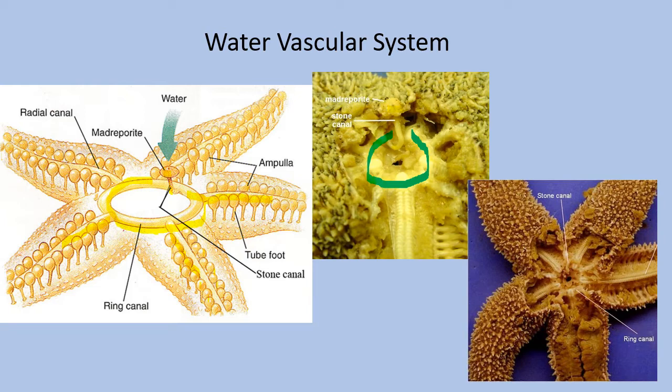So what you're actually seeing here on the surface is not actually the ring canal. You're seeing the protection of the ring canal. But if there was a pin there, on a test, or if it was pointing to that region, it would represent the ring canal, because that's where the ring canal would be in a sea star's body. You can also see here in this other picture, a little bit further back in the middle of the sea star, would be the ring canal.